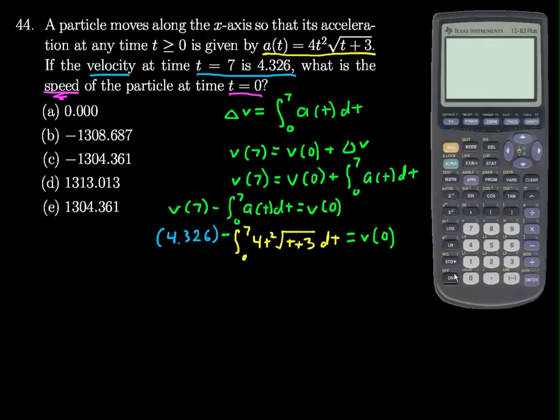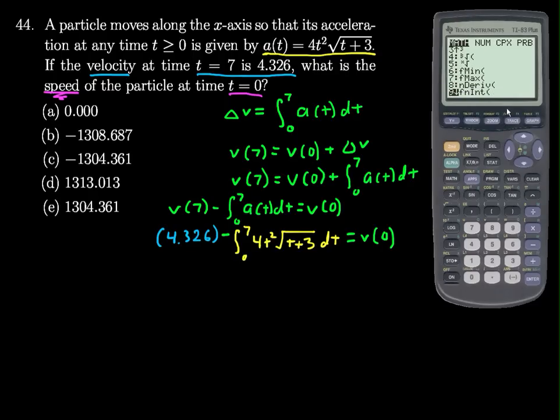So go to our handy calculator, math, scroll down to the, or actually before I do that, let me put in the entire thing. So we have 4.326 minus the fnInt, which is going to be 9 on the list. I haven't scrolled down a little bit. Let's scroll down and see. There it is. fnInt.